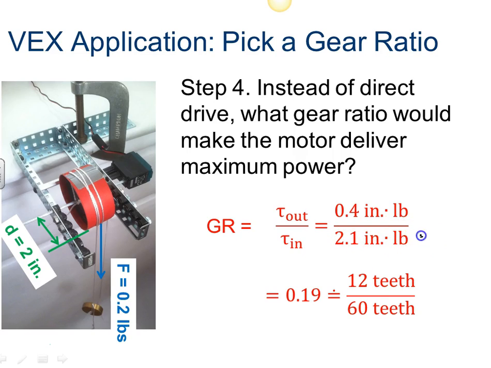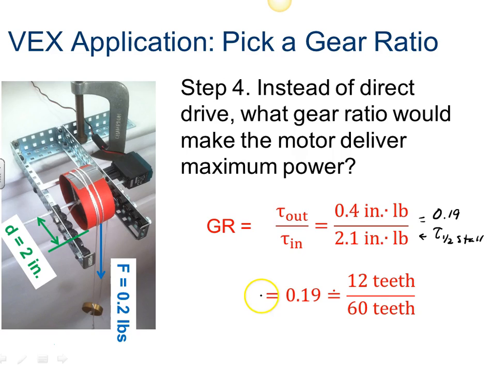Now this value right here is the torque that we calculated at 1/2 the stall torque earlier. So that 2.1 is the torque being put in by the motor, and the out is going to be on the winch itself. So 0.4 divided by 2.1 is going to be 0.19, as the gear ratio.